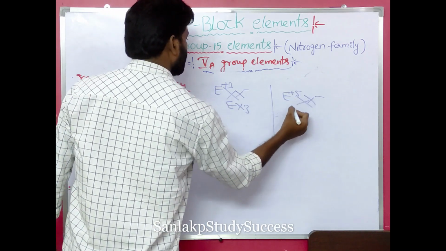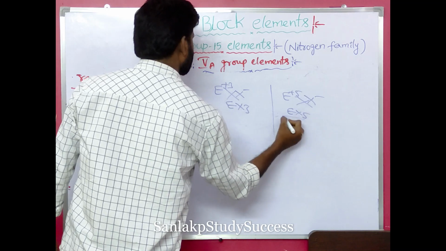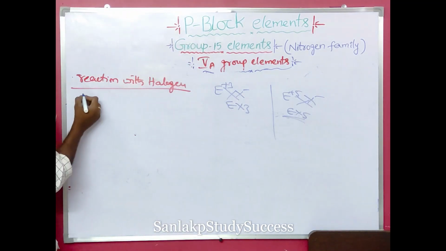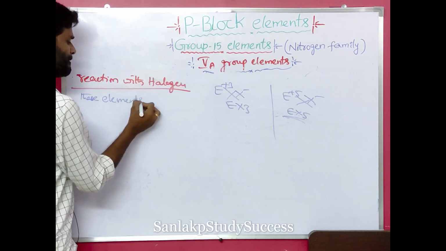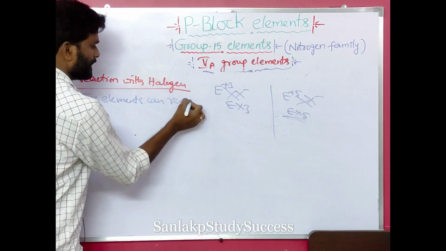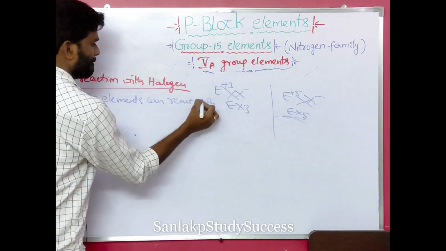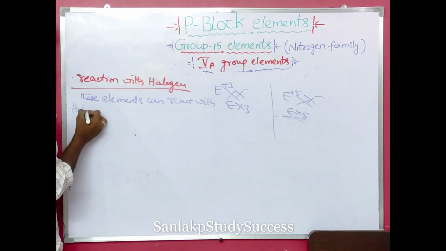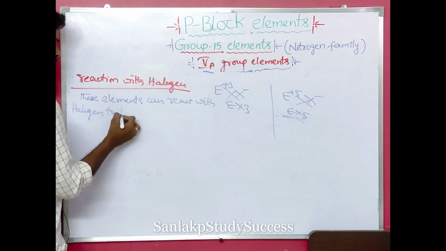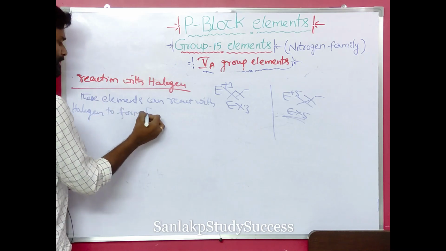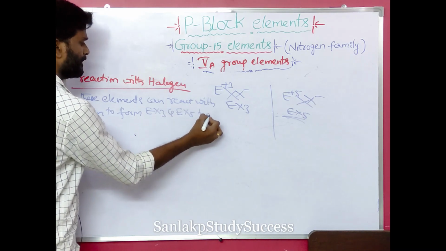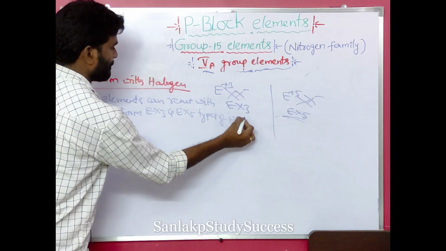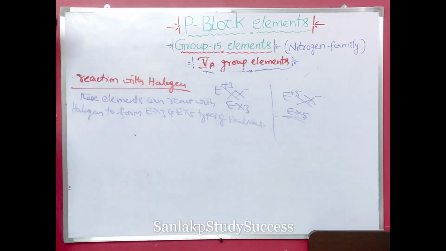EX3, EX5. So these elements can react with halogens to form EX3 and EX5 types of halides.